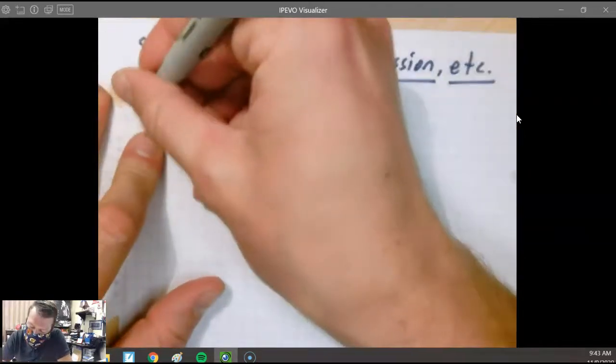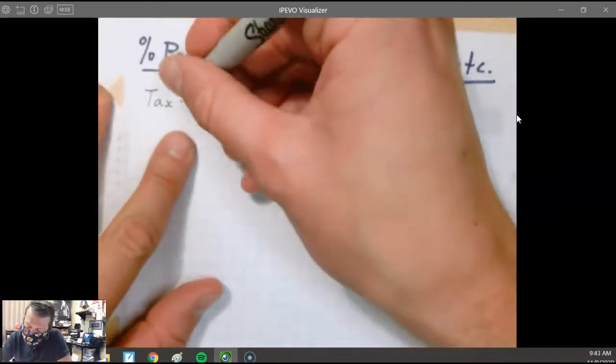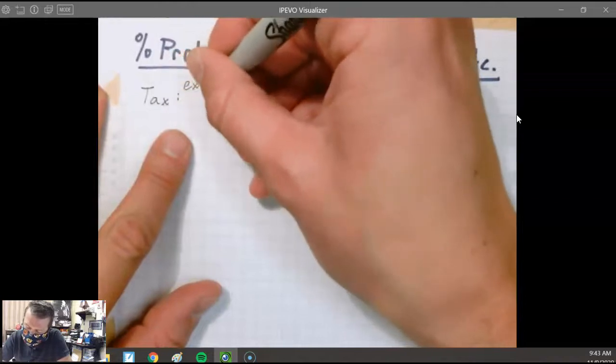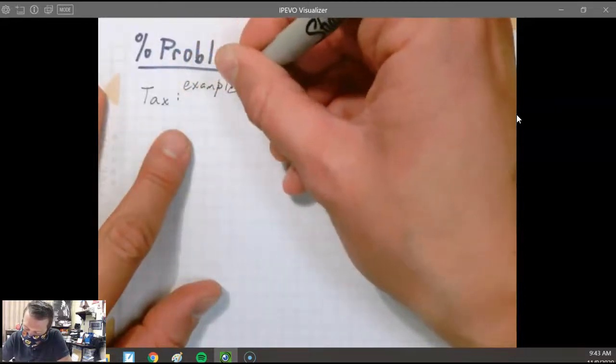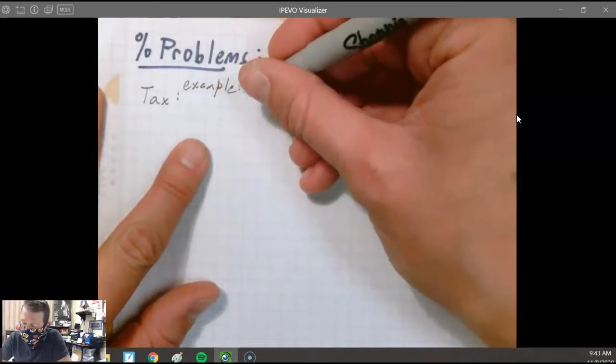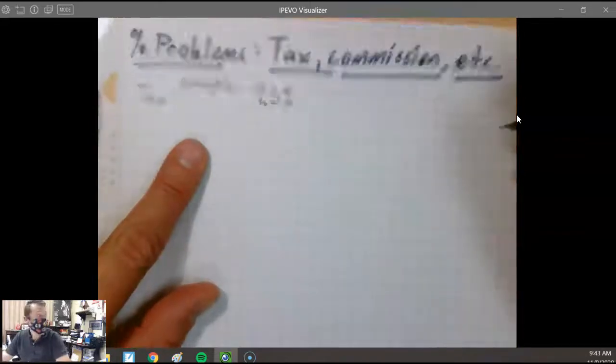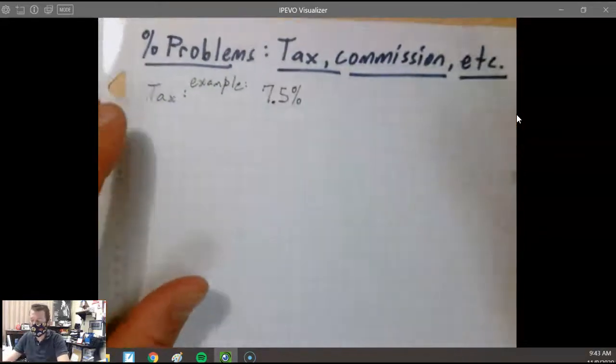But for us, let's say tax is, just for example's sake, 7.5%. Have you guys seen that as a common tax rate they give you? So let's say tax is 7.5%.